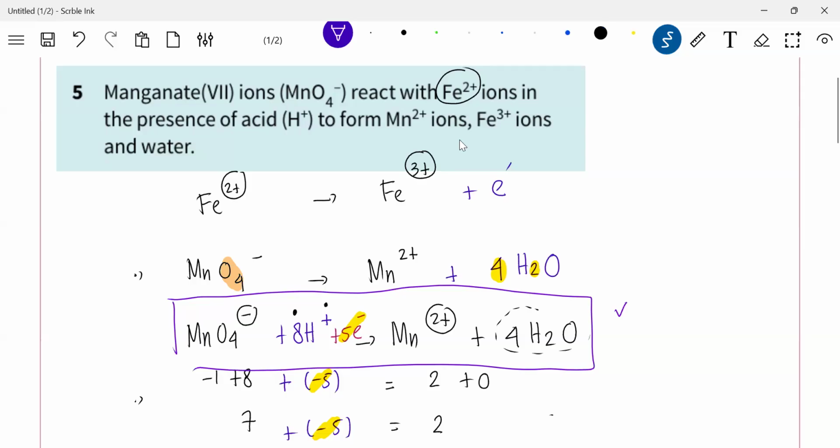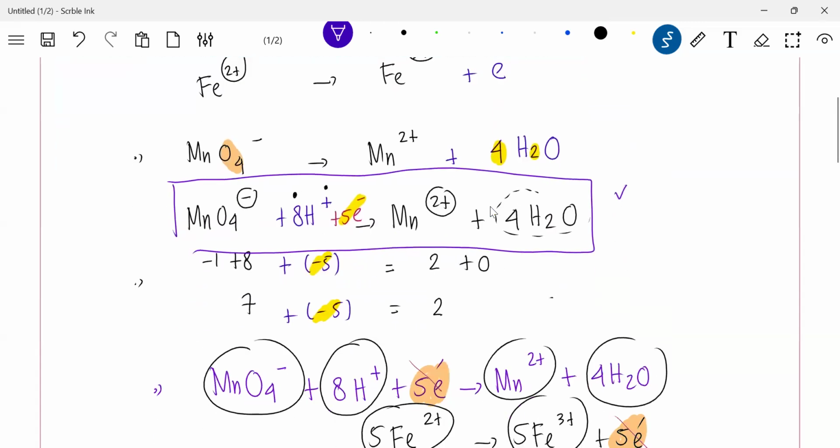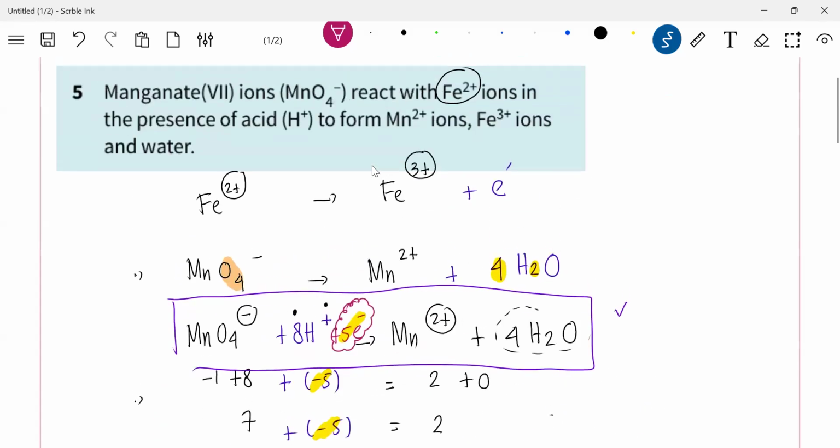The number of electrons lost in oxidation must equal the number of electrons gained in the reduction. Take a look. This is reduction. How many electrons, Adiva? This is 5 electrons. So because this is 5 electrons, this must be the same, 5 electrons.